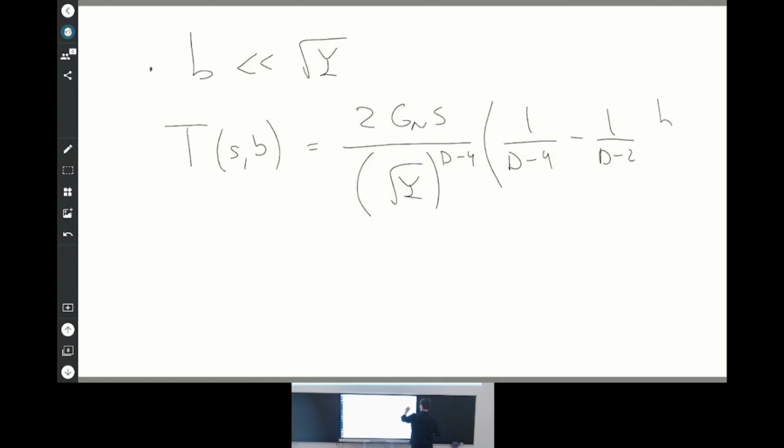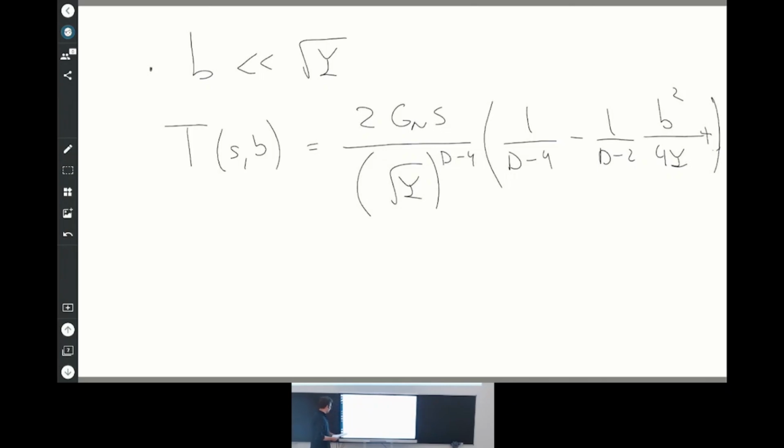So the basic point is that this looks like a tree-level phase shift in gravity, where instead of b, we have this emergent scale. As you try to decrease impact parameters, if you approach y, it looks like you're scattering an object of finite size, and so then you just get the size of this object, which is y instead of b.